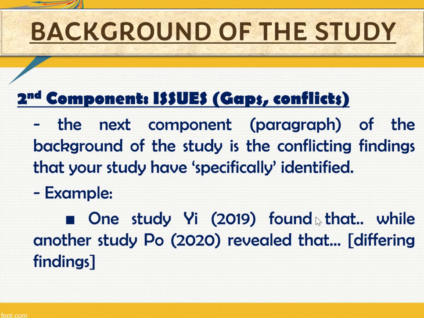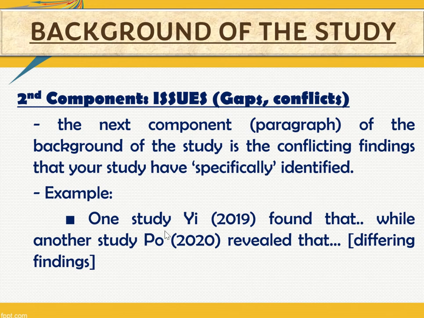Okay, so let's now proceed to the second component, which is all about the issues or the gaps or conflicts. So this is now your second paragraph of the background of the study, which shows the conflicting findings that your study has specifically identified.